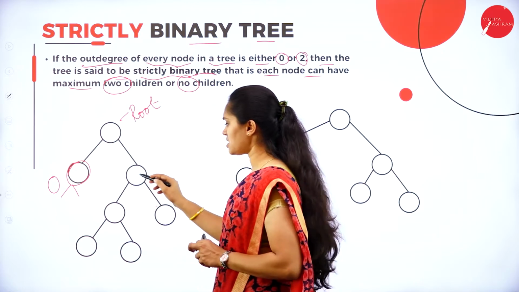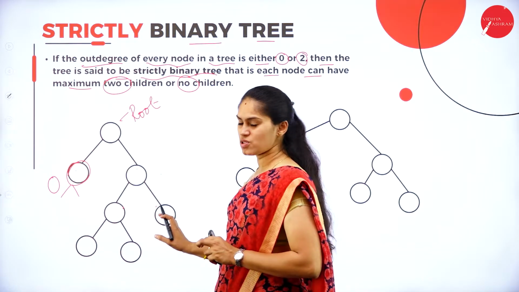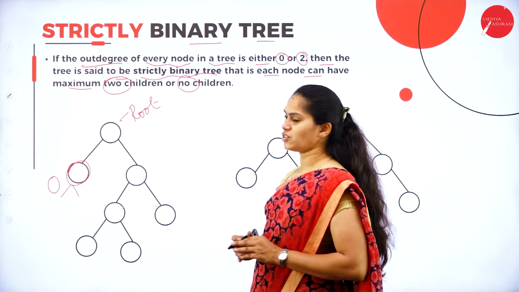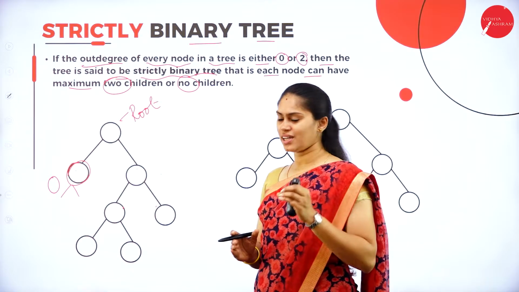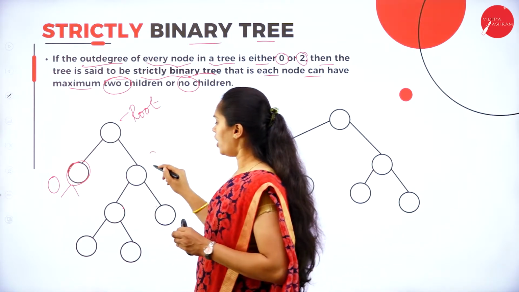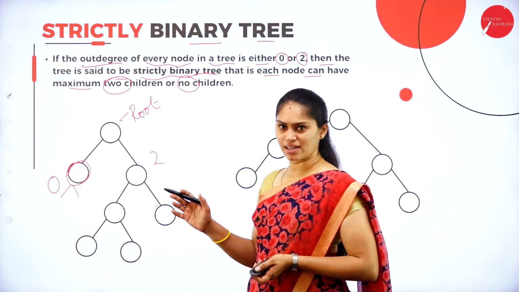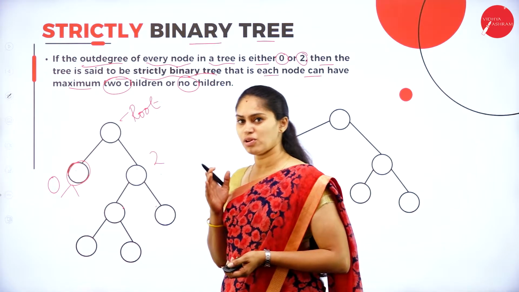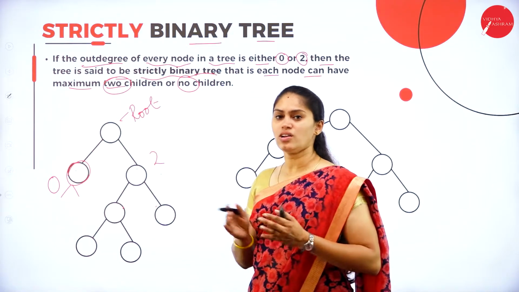If you consider this one, the out degree of this node is 2. So then I can say this kind of tree is a strictly binary tree. If the out degree is either 0 or 2, then only we can say it is a strictly binary tree. So it can have a maximum of 2 children, or it must have 2 children or no children.